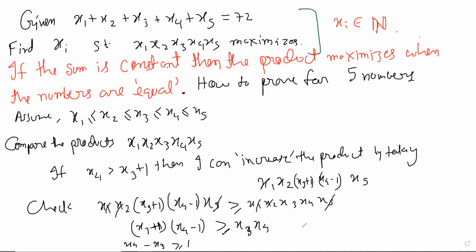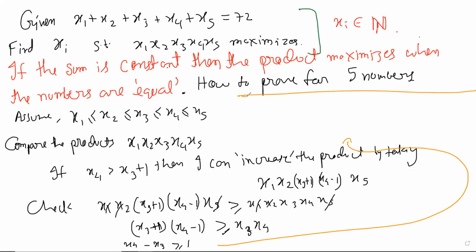So you first of all understand that if the gap between x4 and x3 was exactly 1, then the product does not increase, and it doesn't decrease. That's very obvious, because if the gap is 1, the gap still remains 1, since you decrease the bigger one and so on.